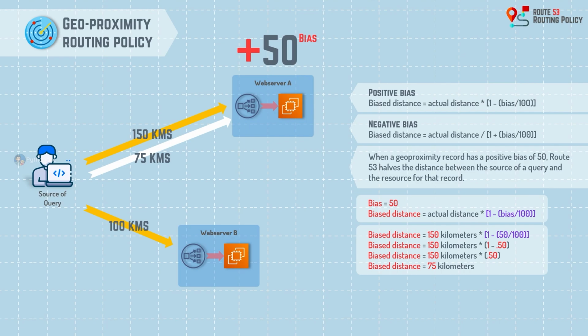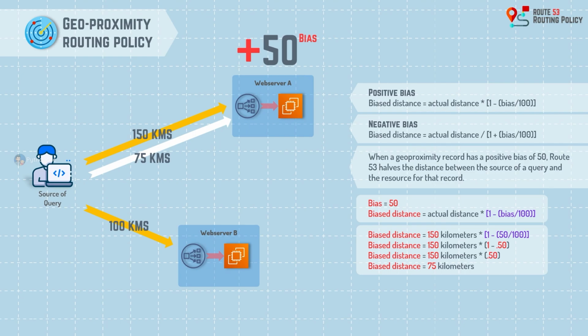So it goes to the resource which is located 150 kilometers away, even though in reality it is the farthest one. So now you see the importance of bias. It can actually trick you into thinking that the resource is closer even if it is not. So you might say, what's the advantage here? Why are we doing this?